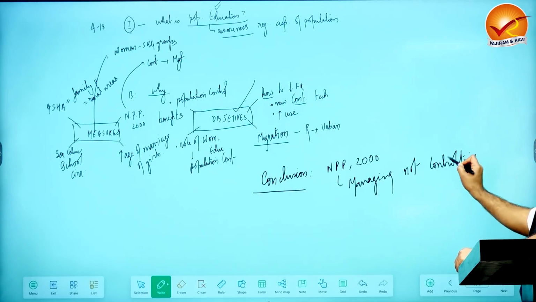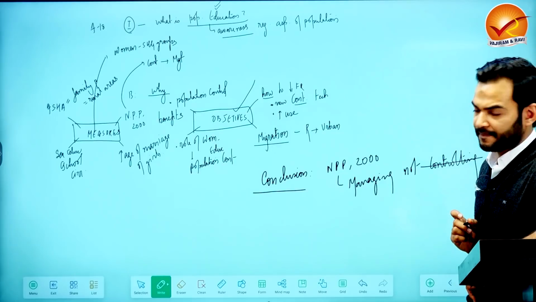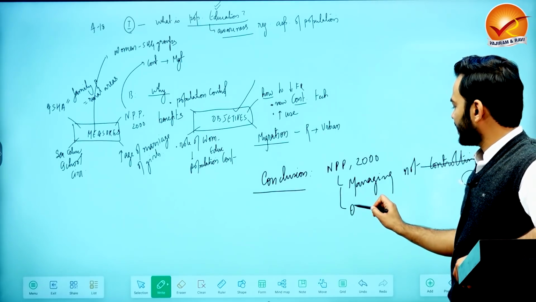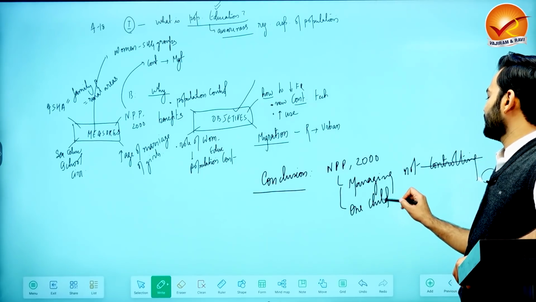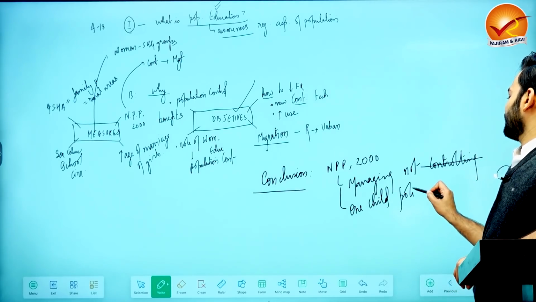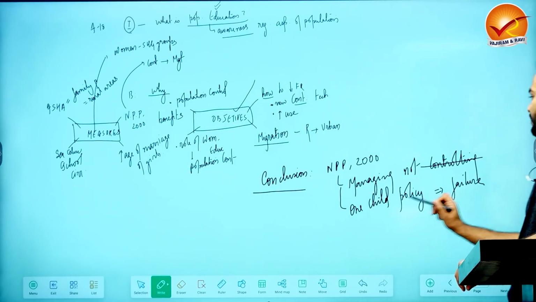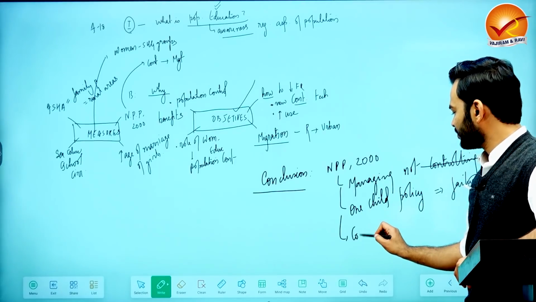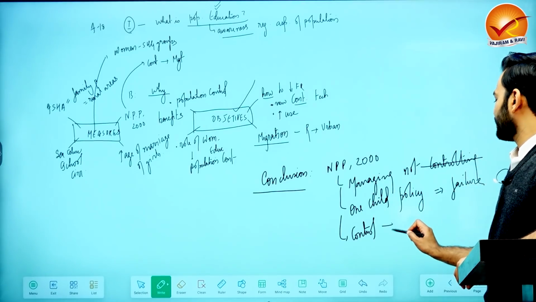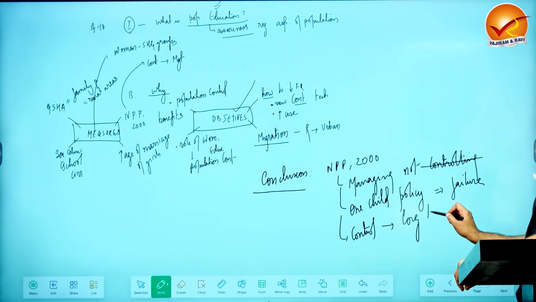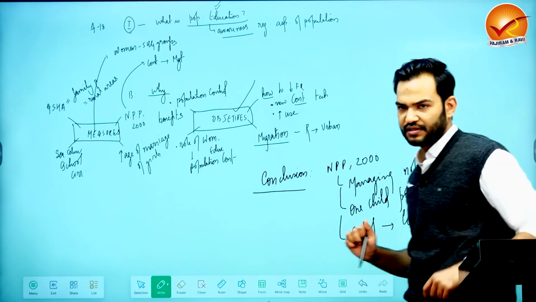Managing, not controlling it. Control measures like one child policy will result in complete failure. Population control can only be done through a long-term approach. That's all. That much is enough in conclusion.